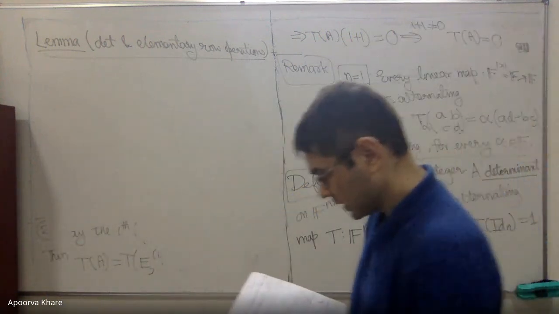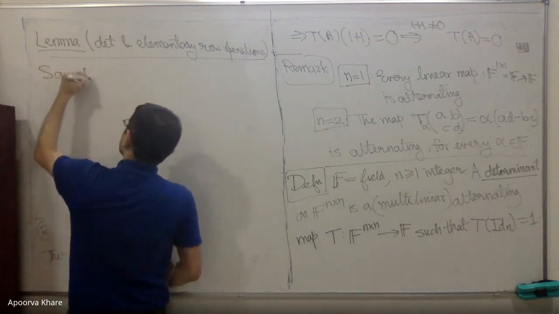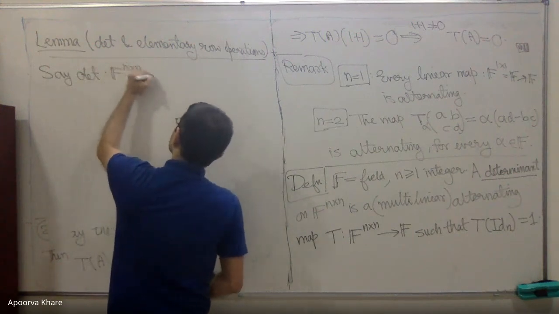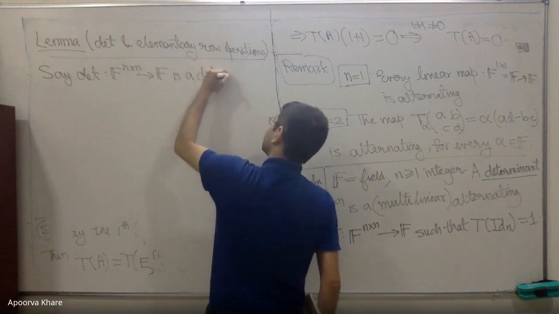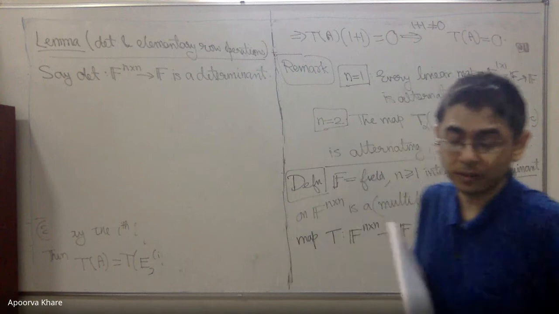Let's see, what do I want to say? Suppose we have a map T from F to the n cross n to F that is a determinant. So suppose a determinant exists, which, as I said, we will prove next time that it does exist.